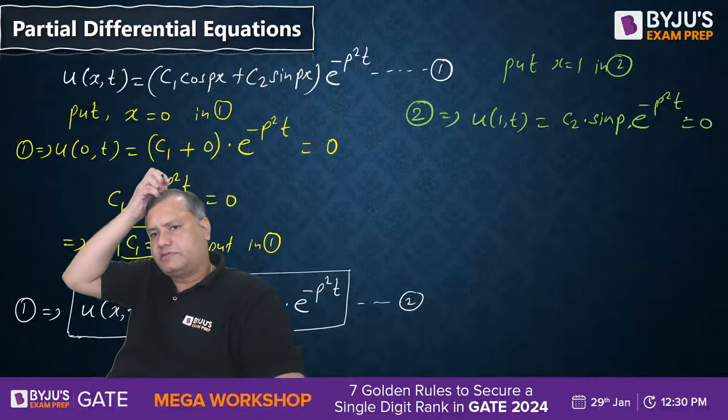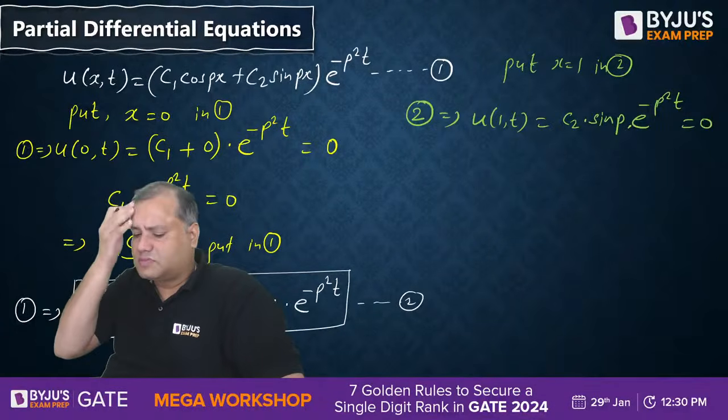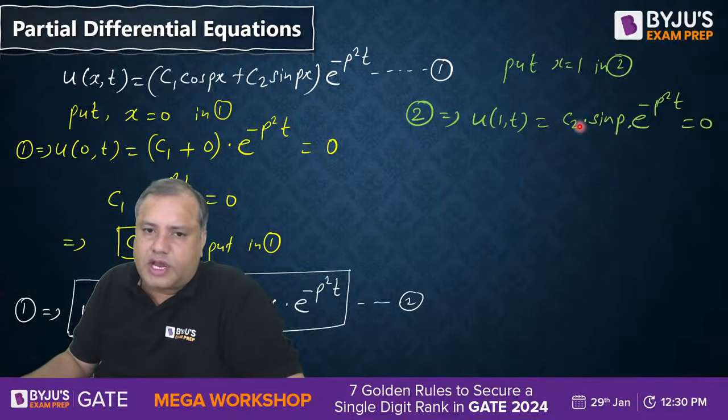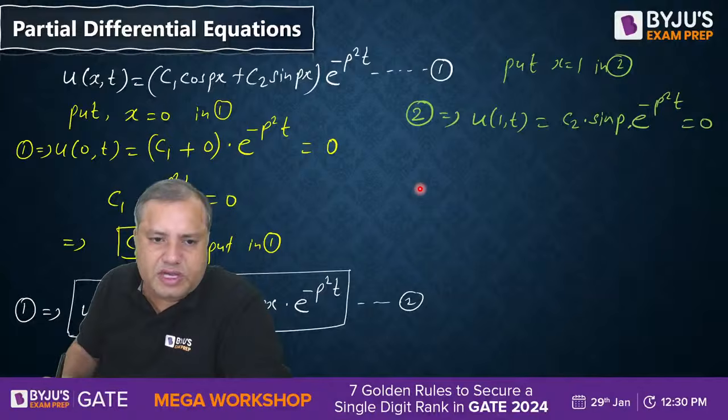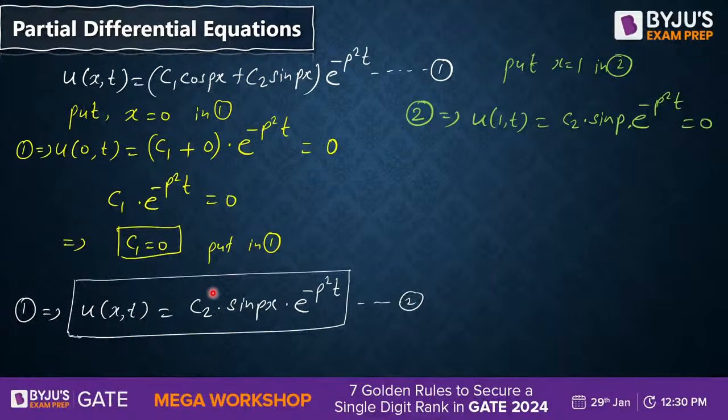Now concentrate here. C2 cannot be 0, because if C2 becomes 0, the entire solution will become 0. The exponential term cannot be 0, again for the same reason. It means we have only one possibility: sin p is 0.